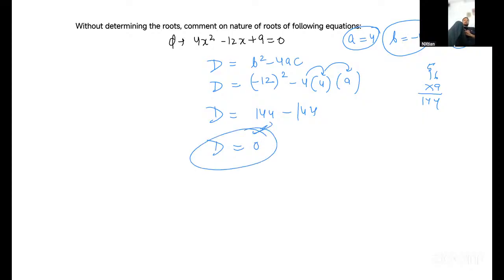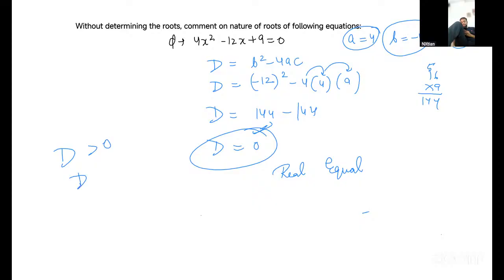So when the value of D is equal to 0, what is the nature of the roots? It is real equal roots. If the value of D is greater than 0, like 1, 2, 3, 4, 5, 6, 7, 8, 9, 10, then the roots are different.